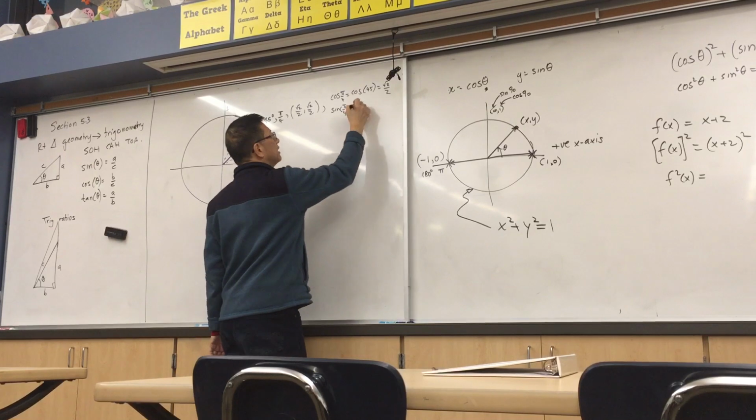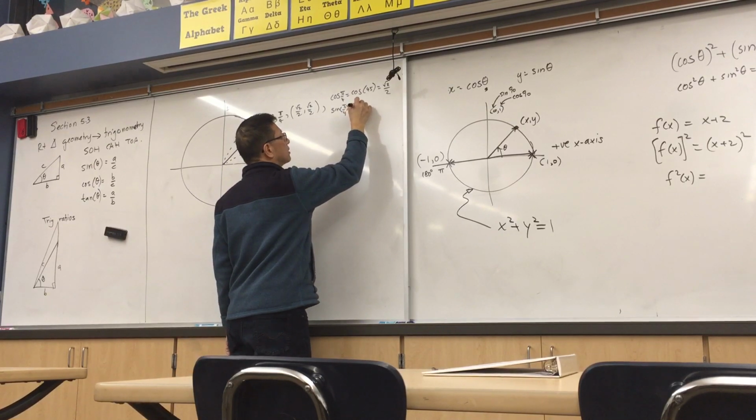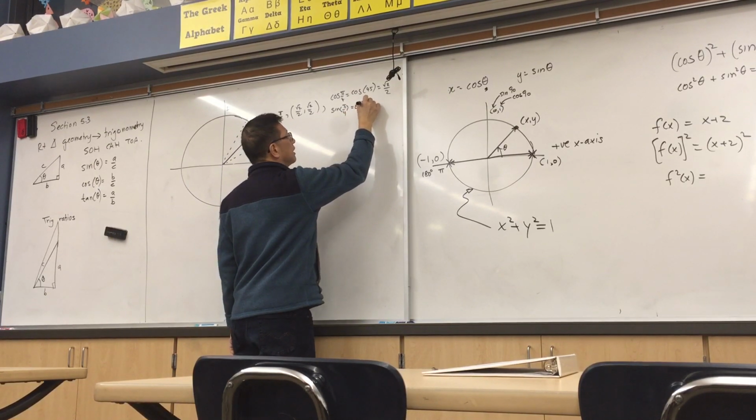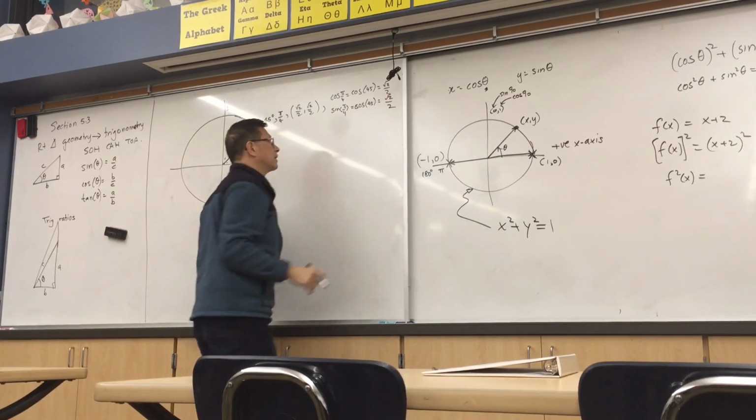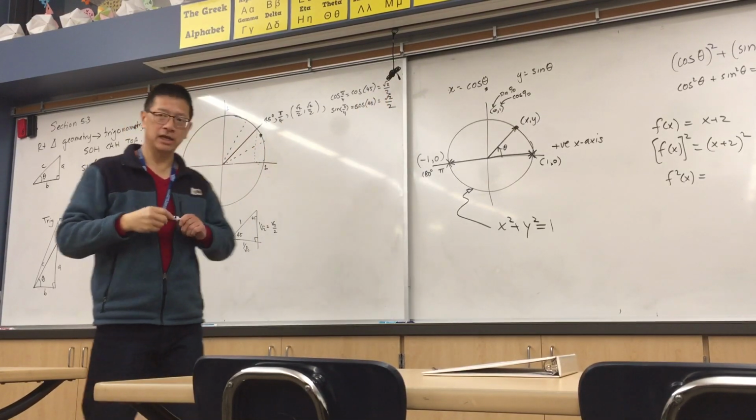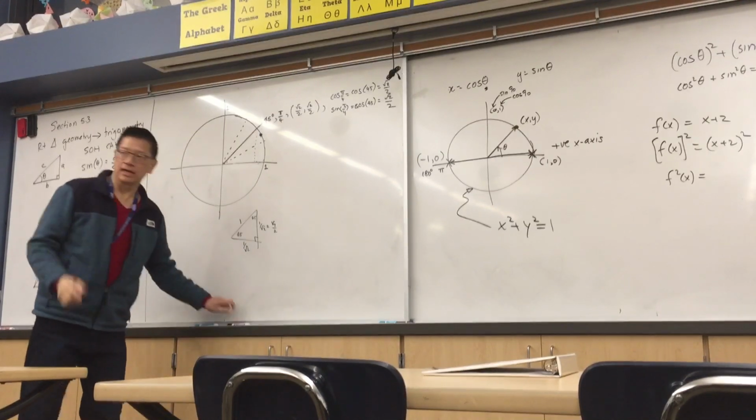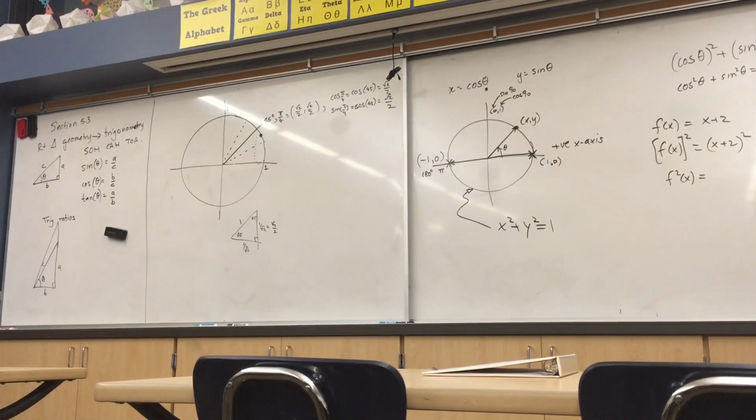Sine of 45 is equal to root 2 over 2. Sorry if I wrote that a little small.